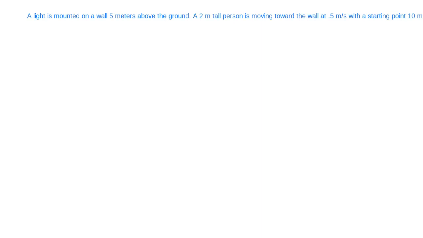A 2-meter tall person is moving toward the wall at 0.5 meters per second with a starting point 10 meters away from the wall.